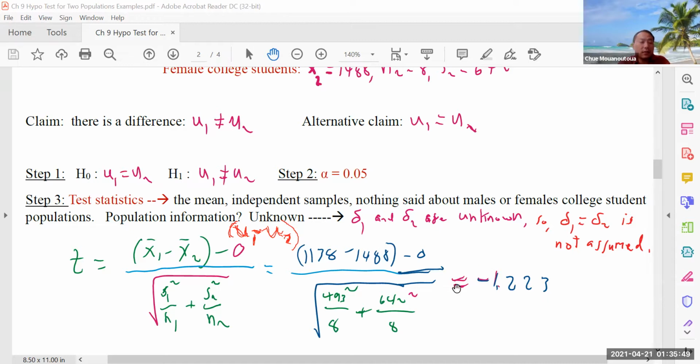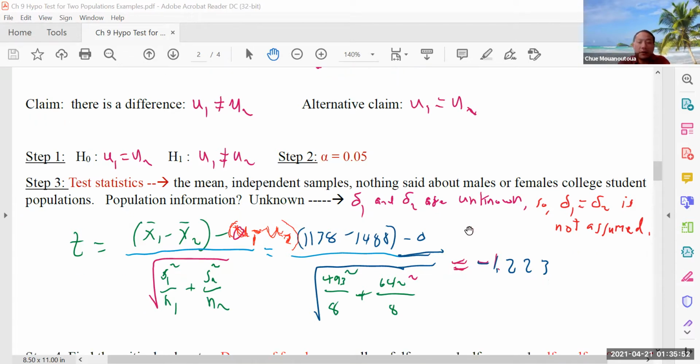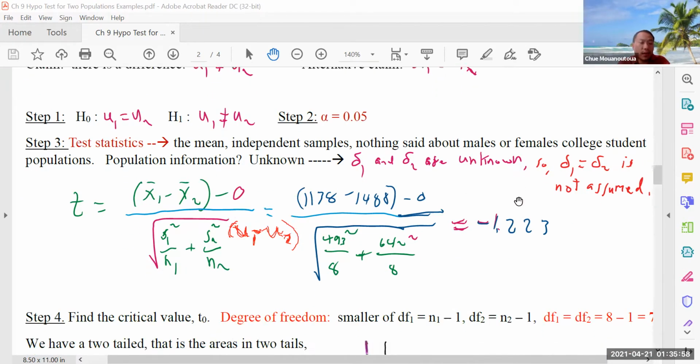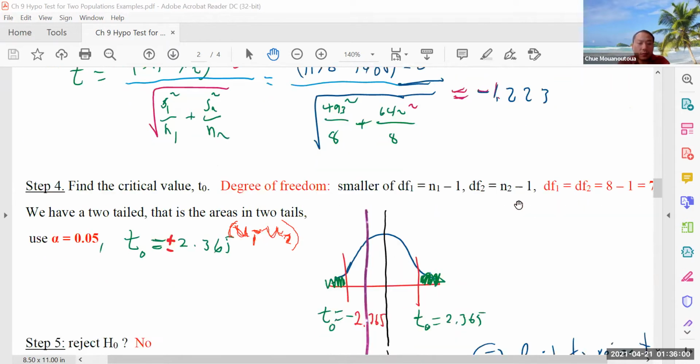Now that's done. The next step is to either get the p-value or get a critical value. We're going to use the critical value this time.